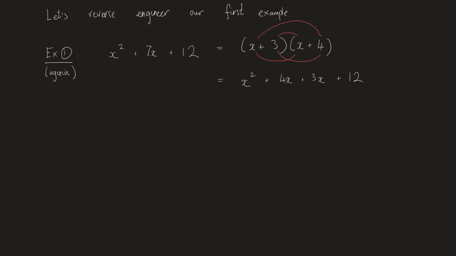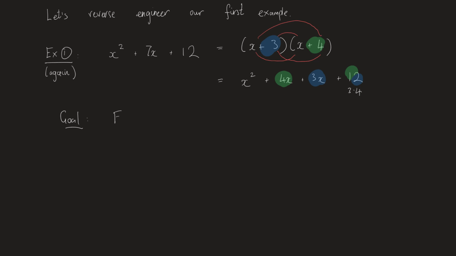Okay, so we have this plus 3, and that certainly contributed that plus 3x. And I have this plus 4, and that contributed this plus 4x also. But there's also a sneaky contribution from the 3 and the 4, because 12 is, of course, 3 times 4. So looking at this, we can figure out a goal when we're trying to factor a quadratic.